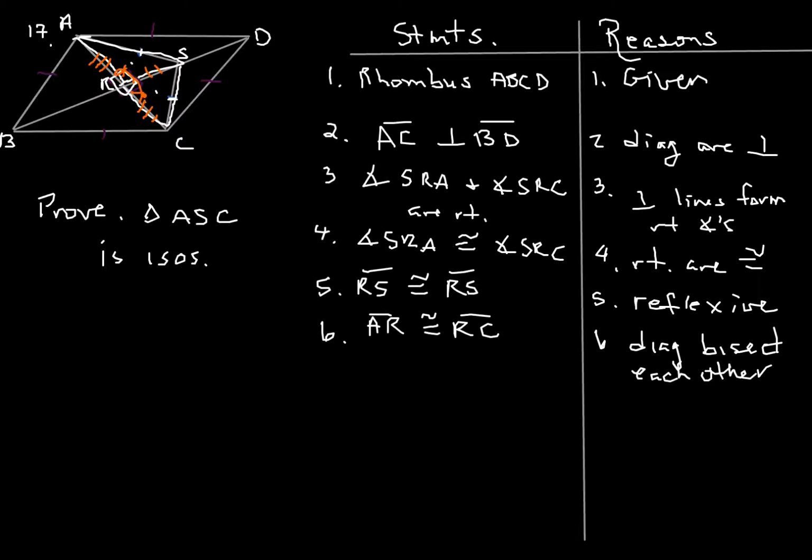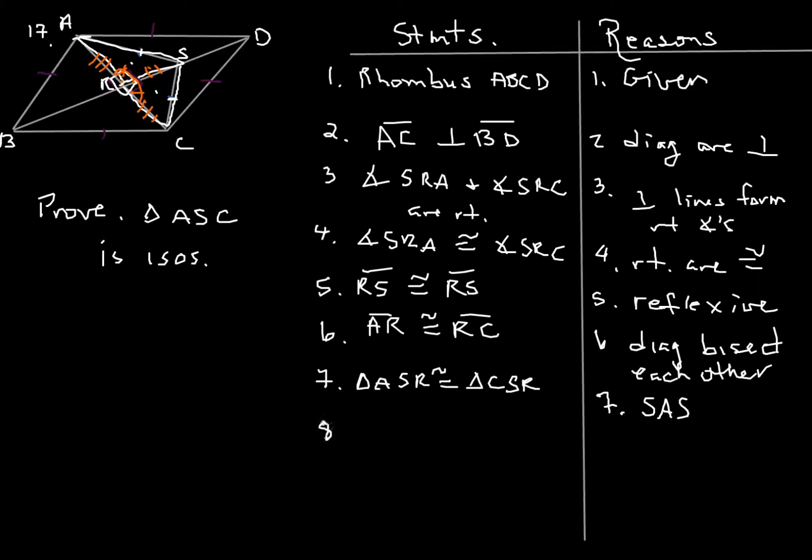So now we can say those two little triangles are congruent by side, angle, side. Let's just jump to the triangles: triangle ASR is congruent to triangle CSR, by side, angle, side.